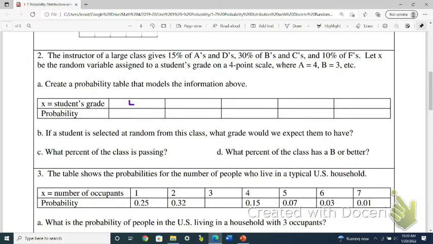So 4 was an A, and that is 15%, so that is 0.15. 3, and I'm just putting the letter there so we can associate it with a B, is 30%. 2 would be C's, and that is again 30%. 1 would be a D, and that was 15%. And then we have 0, which are F, and that is 10%.